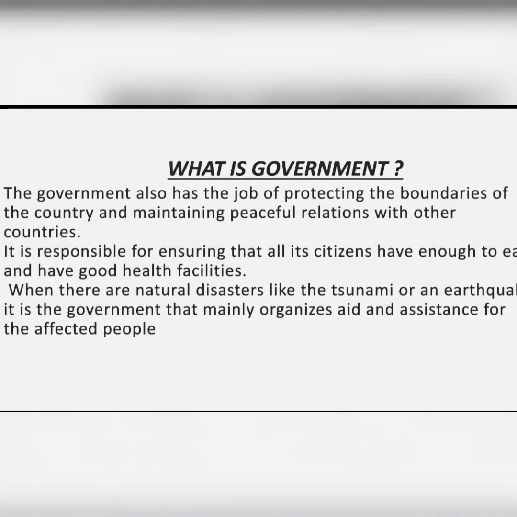And in times of problems, like a natural disaster, earthquake, tsunami, or likewise COVID, the government itself organizes help for the people. They are assisting the affected people, and in fact they are ensuring everyone gets proper healthcare facilities.